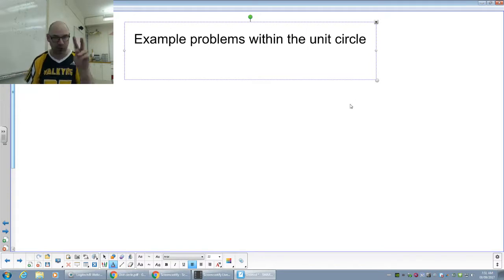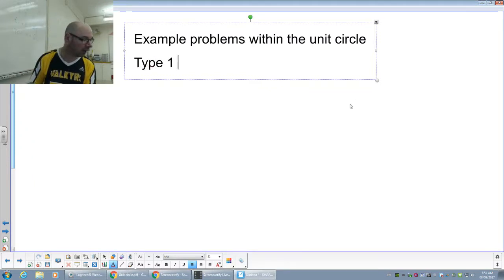There are only 2 types of examples that we're going to look at here. The first type is looking for a particular point on the unit circle. So example 1, type 1: determine the exact coordinates.